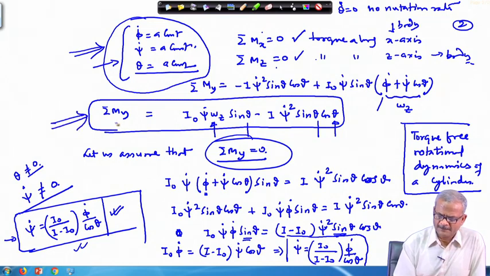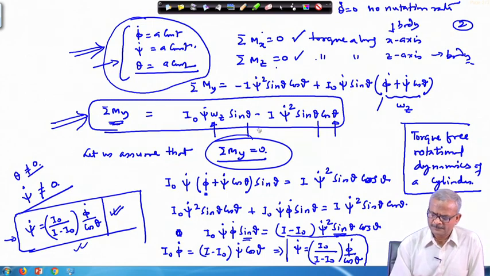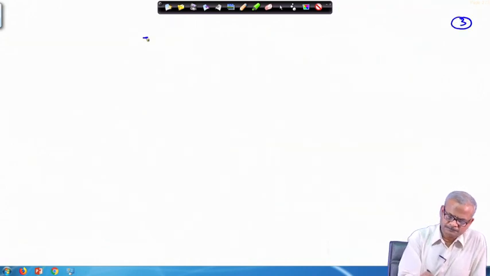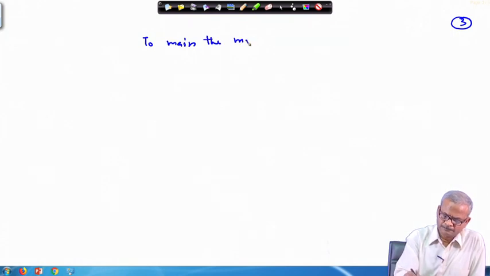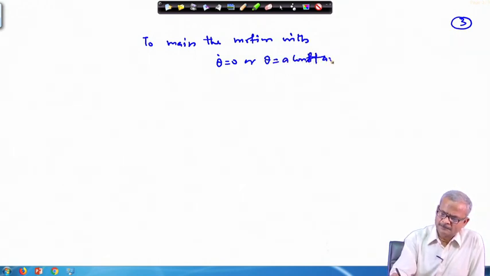We will have to apply this much torque along the y axis to maintain the motion, with theta dot equal to 0 or theta equal to a constant, and psi dot a constant, and phi dot also a constant.